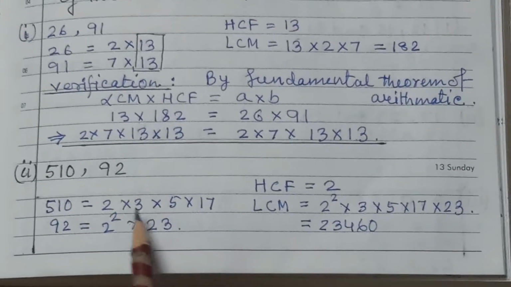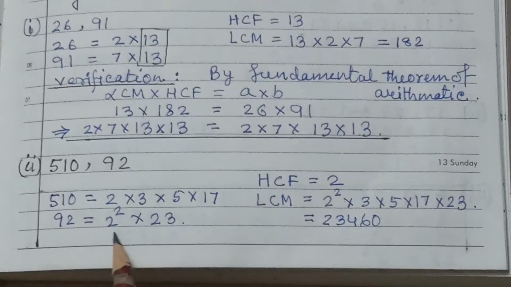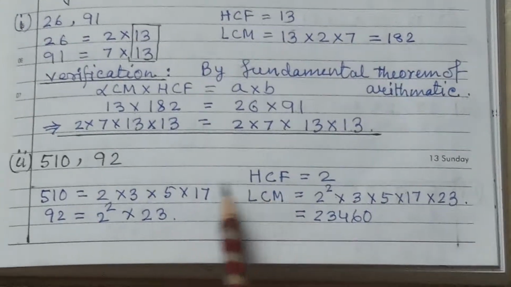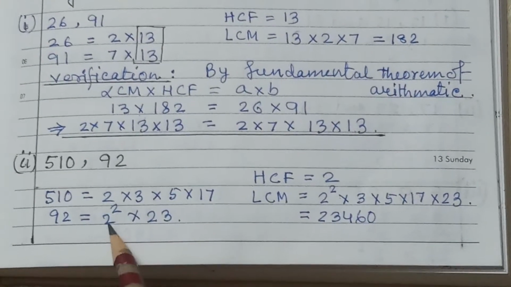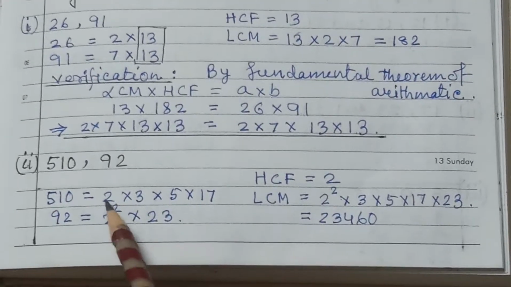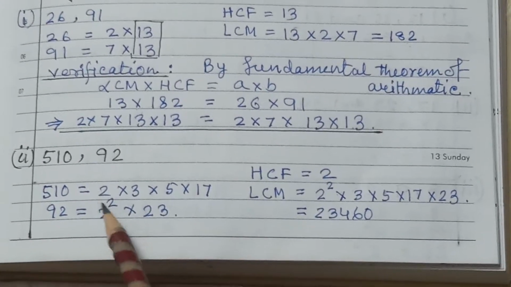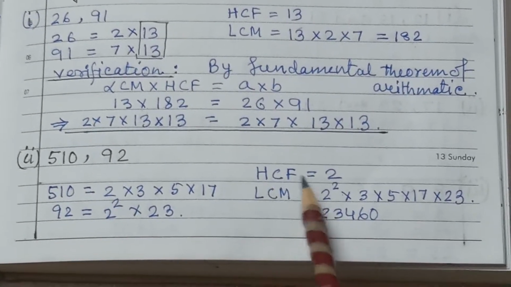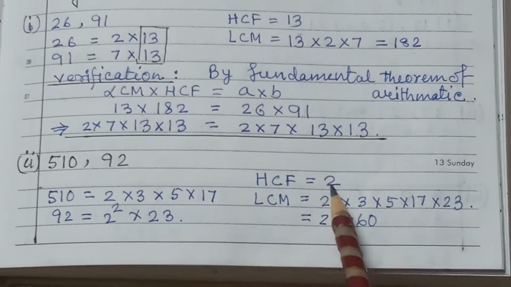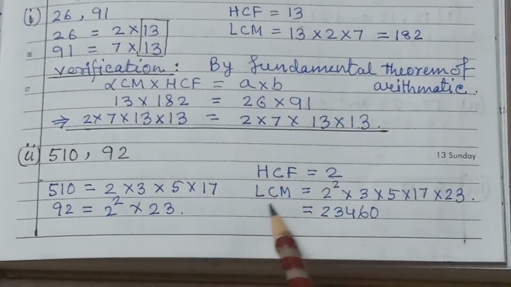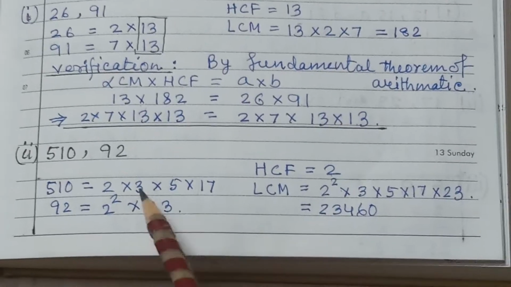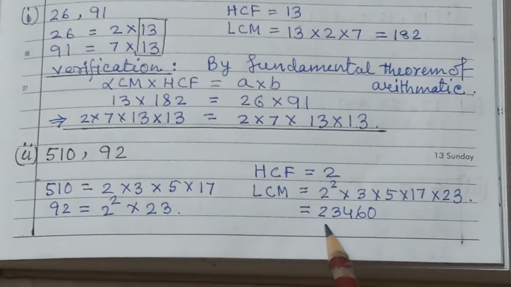510 and 92 are factorized. The HCF is the common factor, 2 only. The lowest power we have to take. Highest common factor means only 2 you have to take, the least power. So 2 is the HCF, and the LCM is the product of the rest of the factors, which is this one.